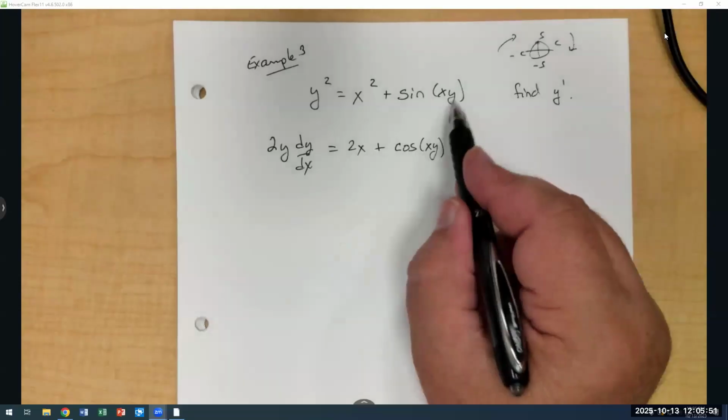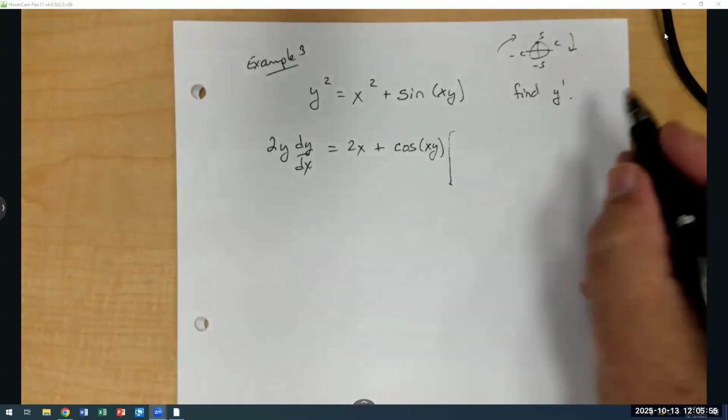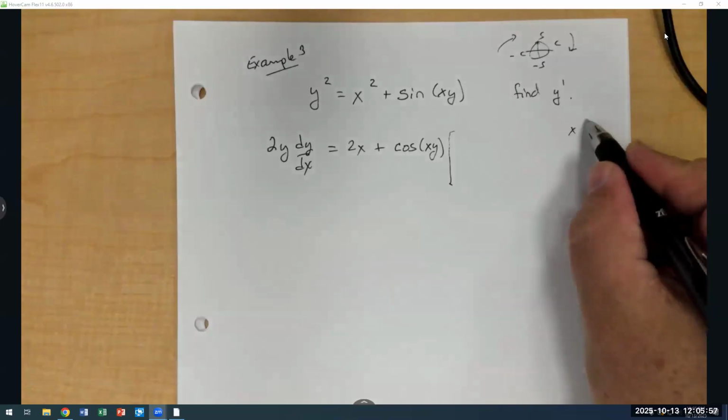So that's the outside. Now times the derivative of the inside. So we have x times y.